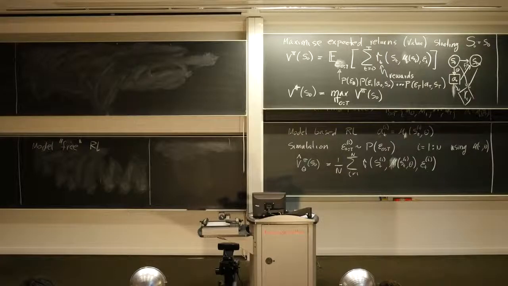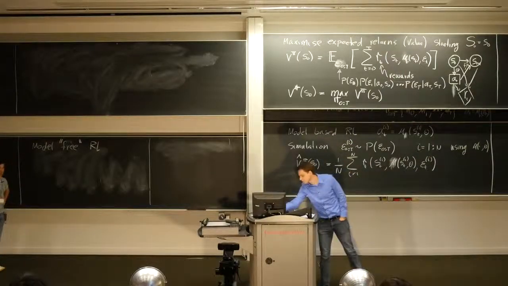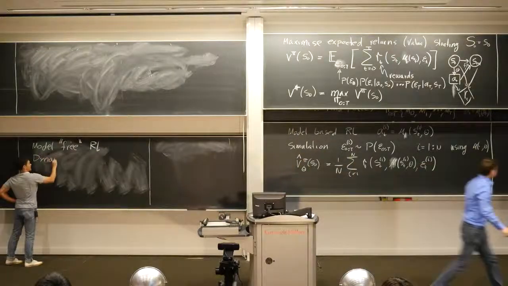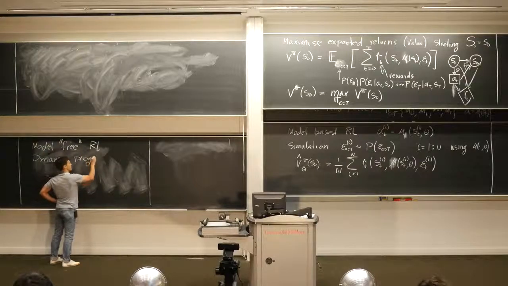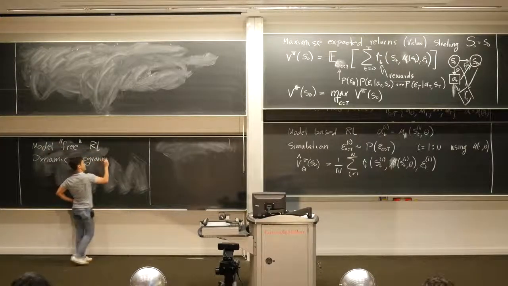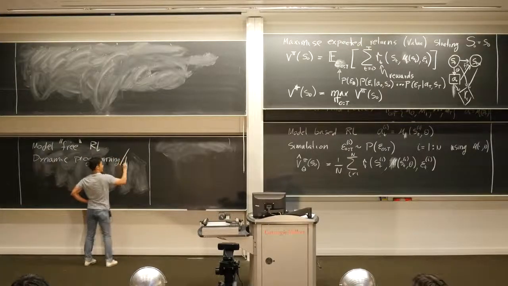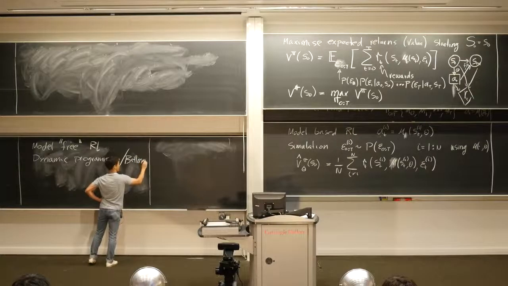So for model-free RL, we're going to derive one of the most fundamental things in reinforcement learning, which is dynamic programming, Bellman updates, or Bellman optimality.